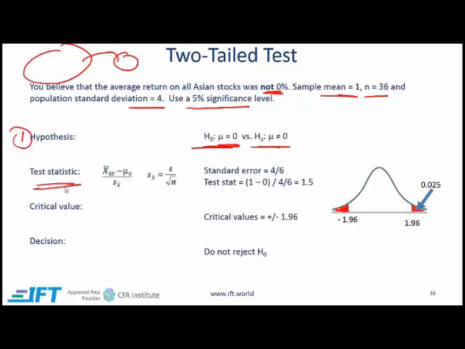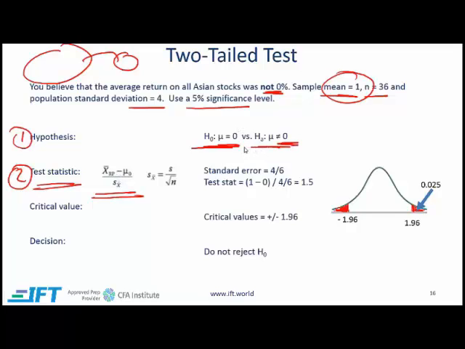All right. So then, once you set up your hypothesis, second step is the test statistic. Now this is the formula for the test statistic. It's x bar. What's x bar? That is the sample mean. What's the sample mean? It is 1. Minus mu naught. Mu naught is the hypothesized value, which is 0.